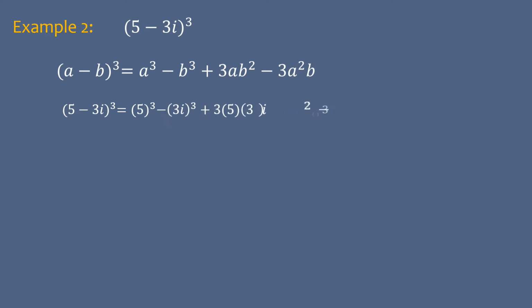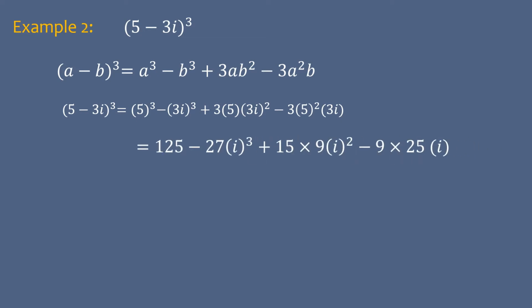On doing so, we get 5 cube minus 3i whole cube plus 3 times 5 times 3i whole square minus 3 times 5 square times 3i. Now let us cube and square the terms and we get 125 minus 27i cube plus 15 times 9i square minus 9 times 25i.